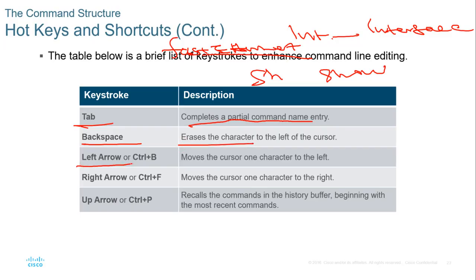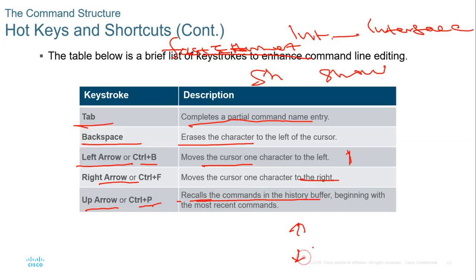Then we have left arrow or Control B, which moves your cursor, that is the blinking prompt, one character to the left. And vice versa, one character to the right. We have the up arrow, Control P, which recalls the commands in the history as you're using the up arrow.